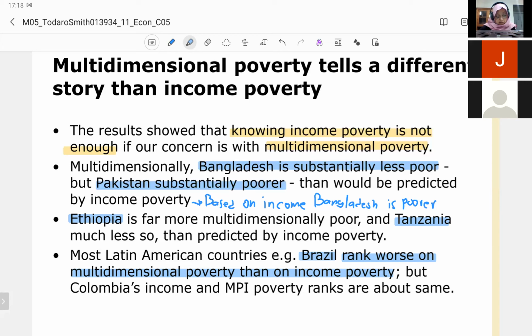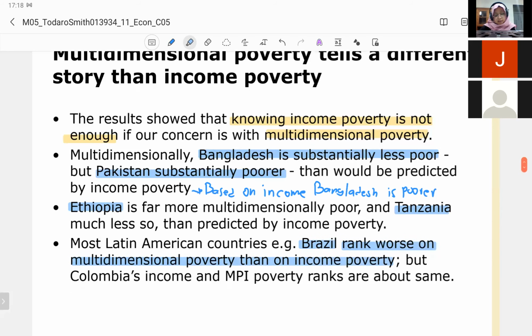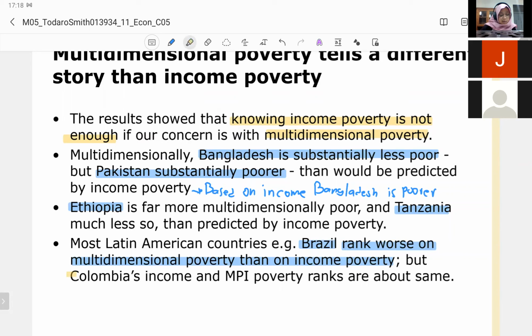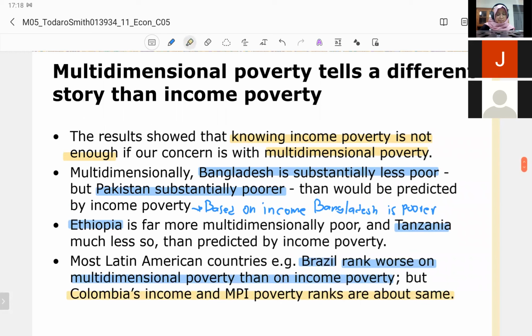And then we also see Colombia here, but Colombia's income and MPI poverty ranks about the same. So there is also a country like Colombia whose rank according to income and MPI poverty are about the same.